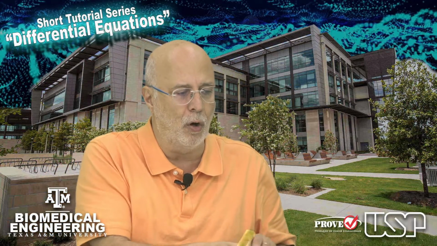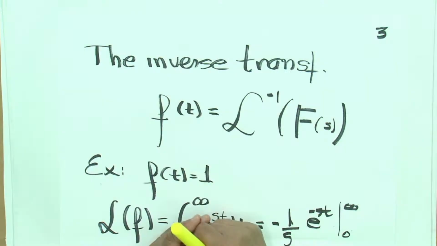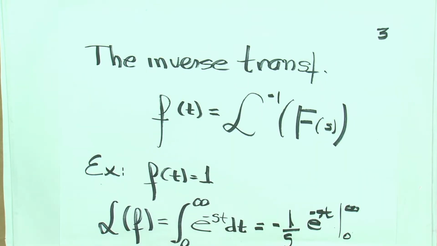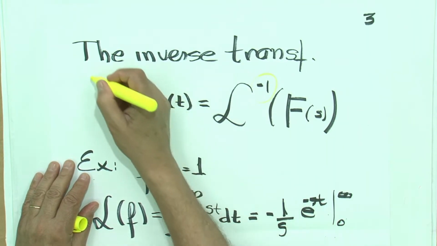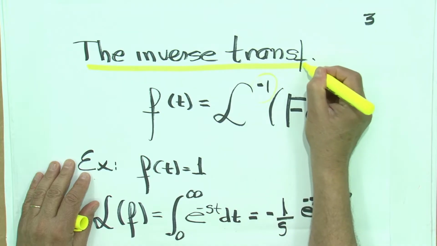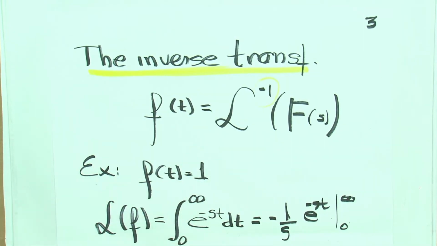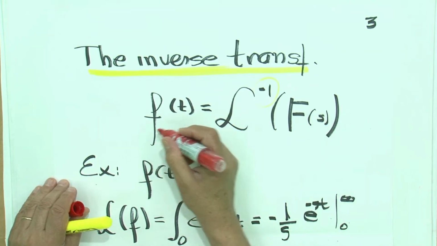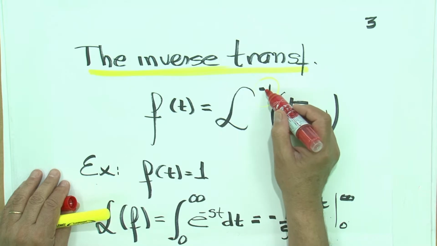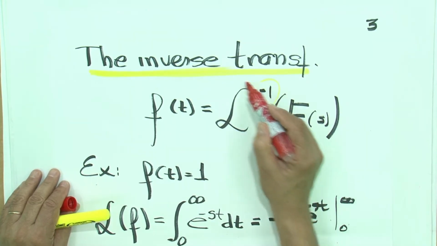So if we know how to do the Laplace transform, we know how to do the inverse of the Laplace transform, right? We write it with this minus 1. This is the inverse of the transformation. If we know the function and we know this relation, we basically identify what function gives you this Laplace transform.